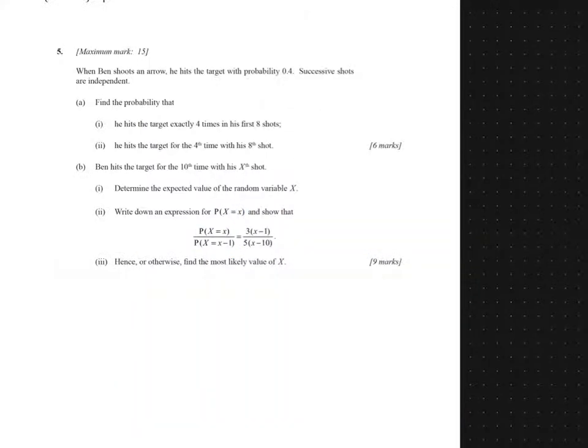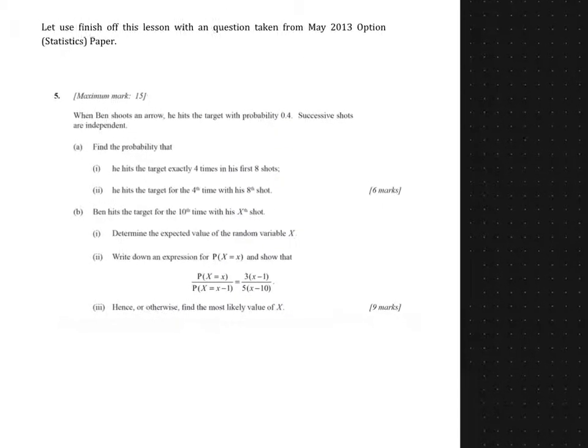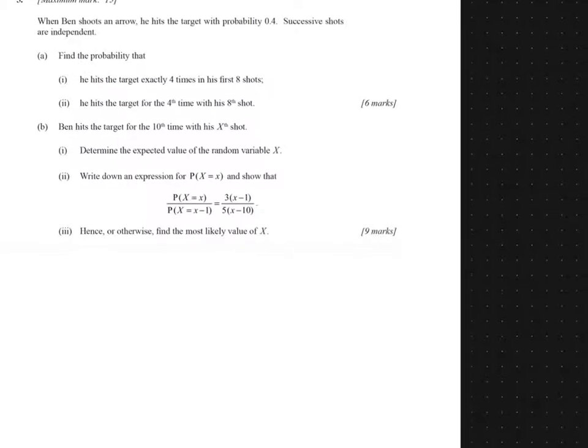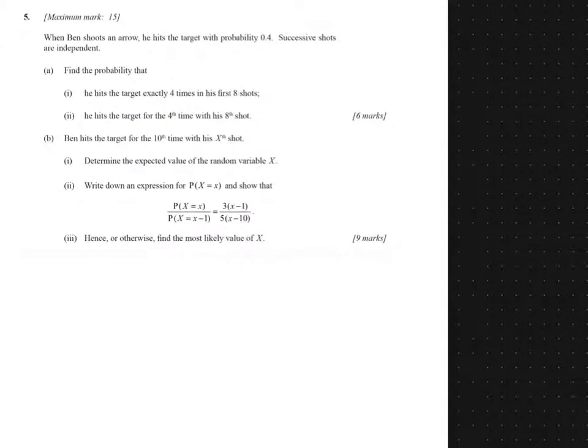Let us finish off this lesson with an example that is taken from the May 2013 option paper. The question goes like this: when Ben shoots an arrow, he hits the target with probability 0.4. Successive shots are independent. In part A, I, find the probability that he hits the target exactly 4 times in his first 8 shots.